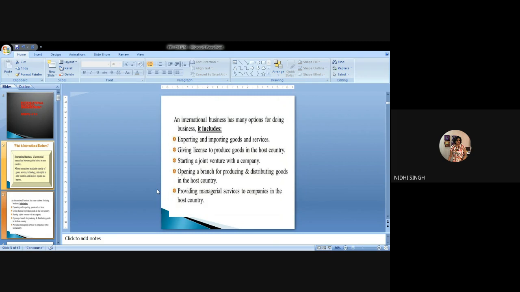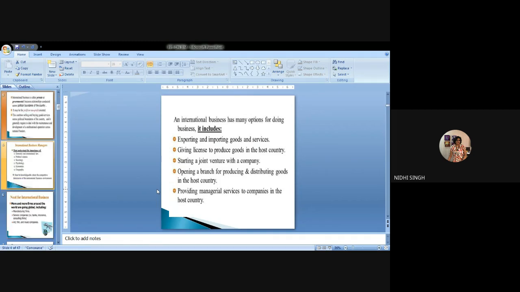It includes exporting and importing goods and services, giving a license to produce goods in the host country, starting a joint venture with a company, opening a branch for producing and distributing goods in the host country, and providing managerial service to companies in the host country. These are the many options for international business.